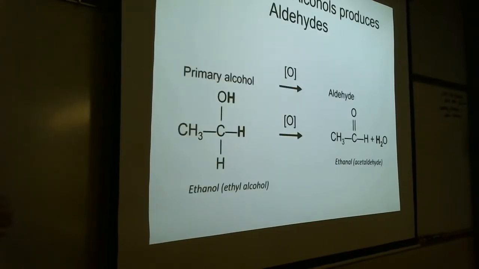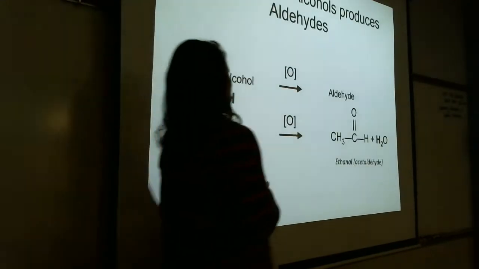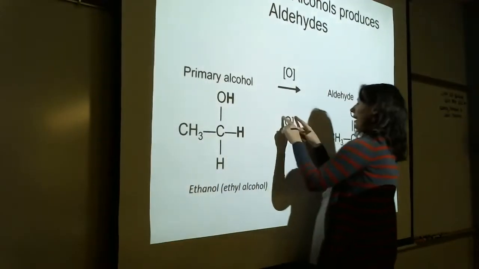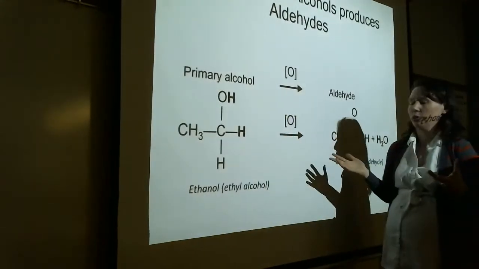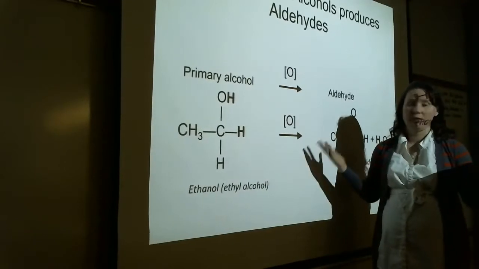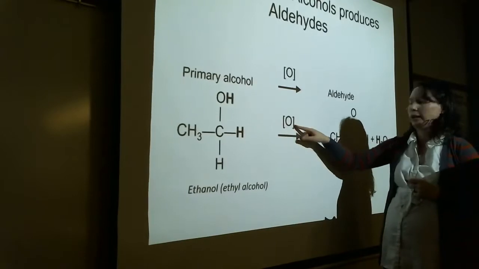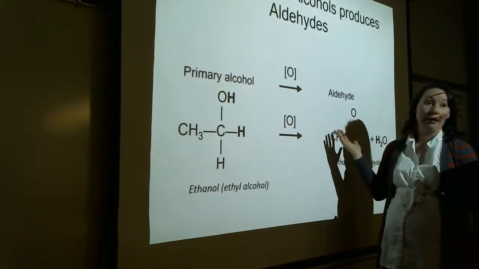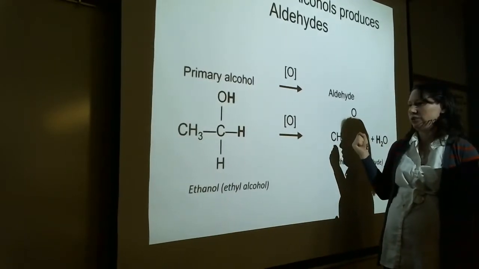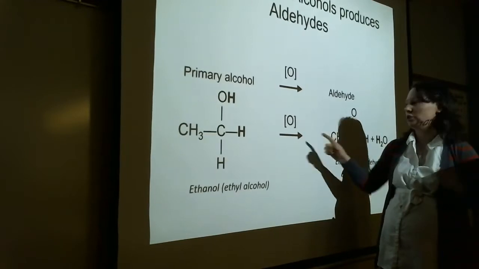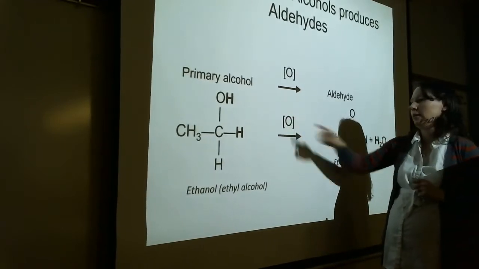The way that we represent that is we put an O with brackets, unless I tell you what the oxidizing agent is. So if I say it's oxidized using KMnO4, then you'd write KMnO4. But if I don't say what the oxidizing agent is, I just say show the reaction of oxidation, you just put O in brackets. Okay?